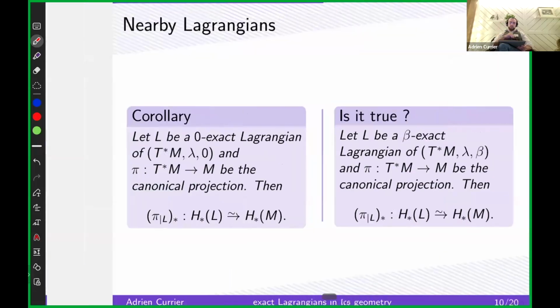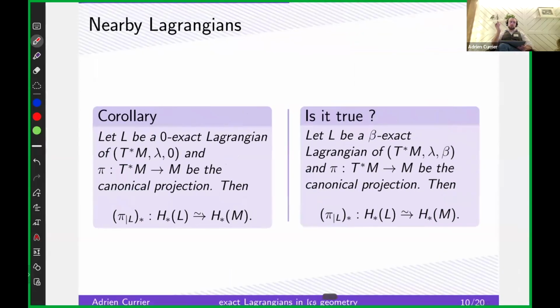Now, the translation of this theorem in LCS geometry would just be to swap out zero exact for beta exact. And so the question would be: is the projection of a beta exact Lagrangian a quasi-isomorphism?